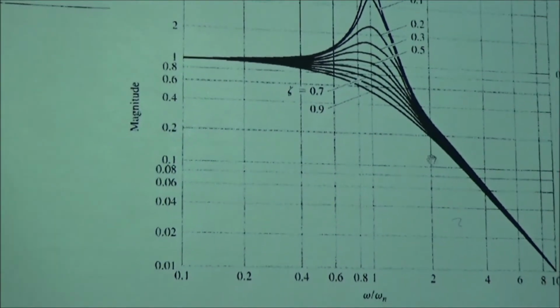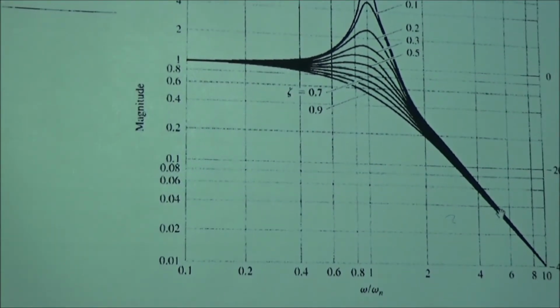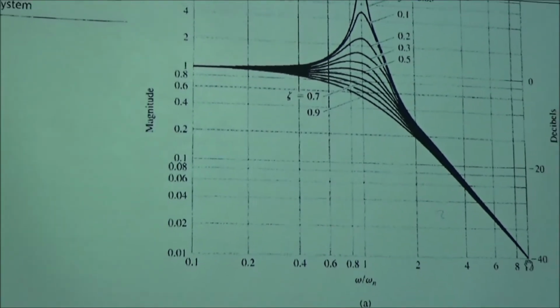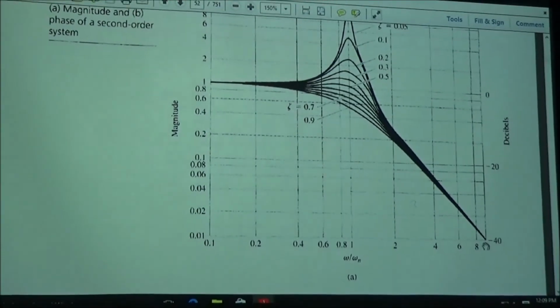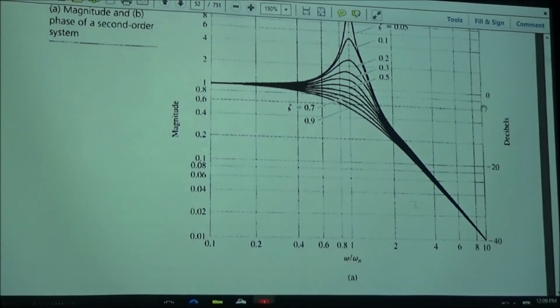Here it is going to go down minus 40 dB per decade, meaning going from 1 to 10, you go from, let's say, 0 to minus 40 dB. This is decibels. So depending on the number of poles in the system, each pole contributes minus 20 dB.